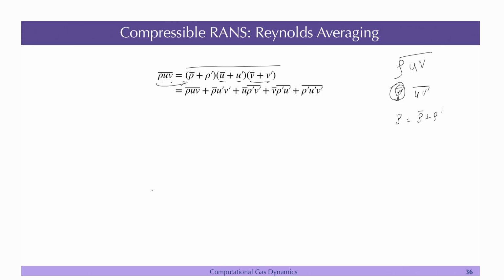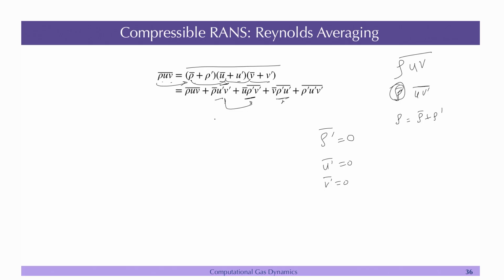Not every correlation will go to 0. When multiplying rho u v, the only things that go to 0 are the averages of the fluctuations, rho prime bar equal to 0, u prime bar equal to 0 and v prime bar equal to 0. But now you have many correlations, the double correlations: rho bar u prime v prime bar, rho prime v prime bar, rho prime u prime bar, and none of these go to 0.